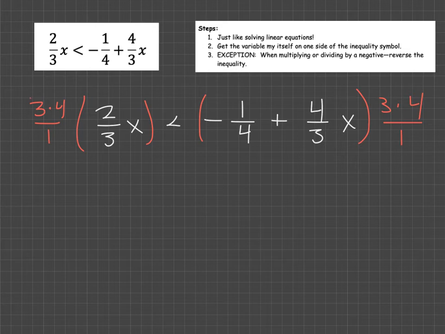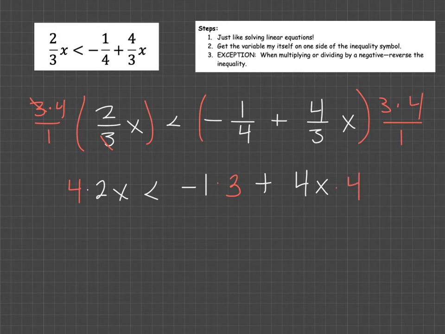So on the left here, we can see those 3's are going to cancel out. We are left with 4 times 2x, and then that's less than. If we multiply the 3 times 4 times the negative 1/4, we're going to be left with negative 1 times the 3 because the 4's cancel out, and then we're left with 4x times 4.